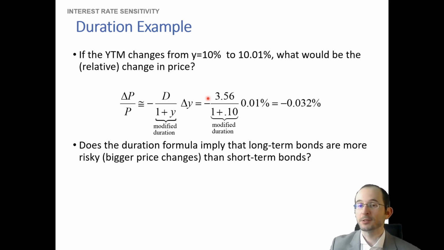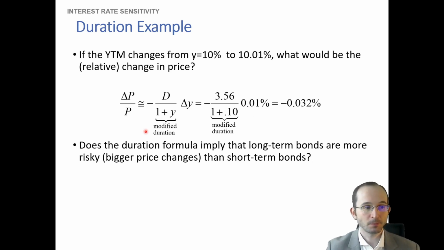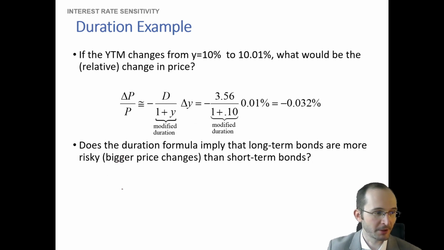Well, the intuitive answer might be yes, of course, the coefficient is greater, but actually it's not necessarily the case, because the other factor that determines the price response is the magnitude of yield changes. And one thing that we saw in that plot of term structure changes for interest rates from the Financial Times, if you remember, is that the short horizon interest rate was oscillating way more than the long horizon one.